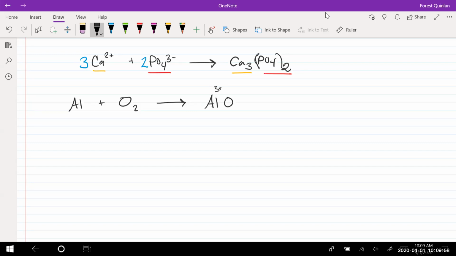Very good. Oxygen? -2. All right, so we've got a 3 plus and a 2 minus. Least common multiple? 6. So how many aluminums do I need? 2. And oxygens? 3.